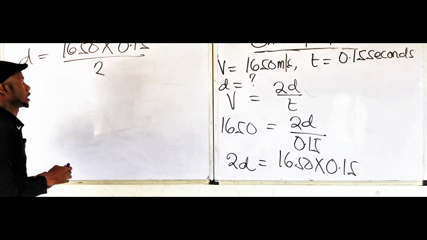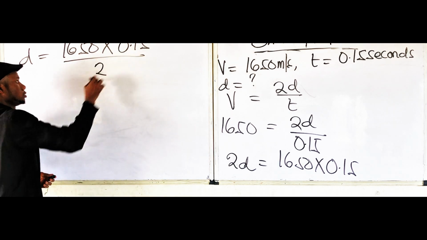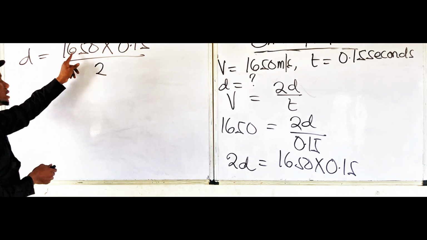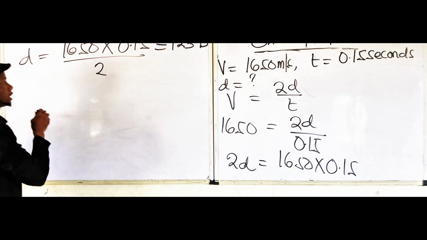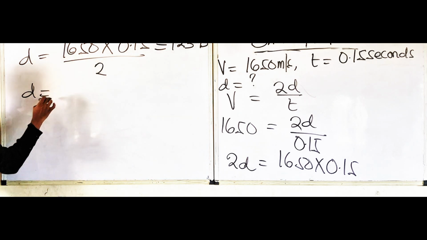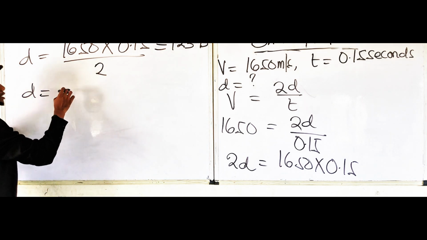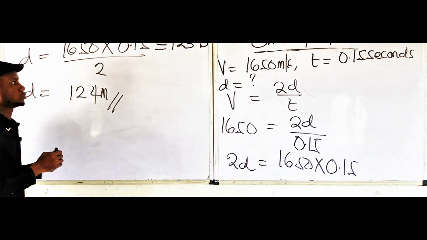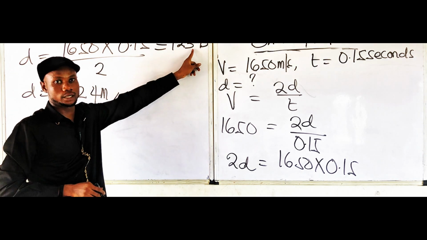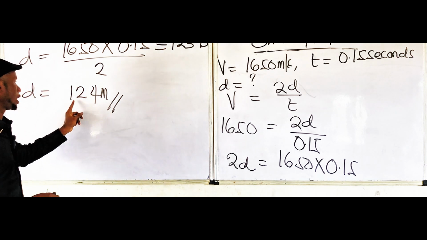Punch your calculator here, class. So our distance is, if I approximate, 124 meters. If you approximate to the nearest whole number, it will be 124 meters.